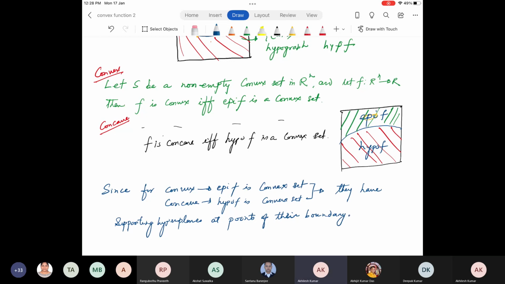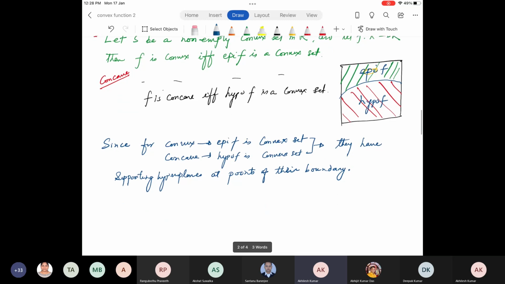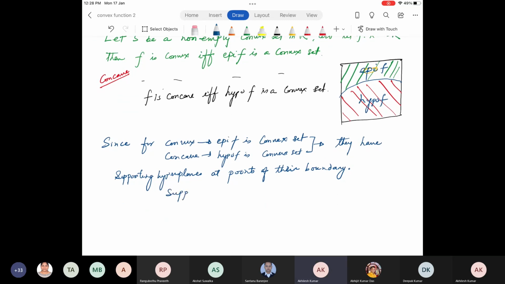And these supporting hyperplanes lead to the definition of subgradients of convex function. So now we will look at the subgradient.